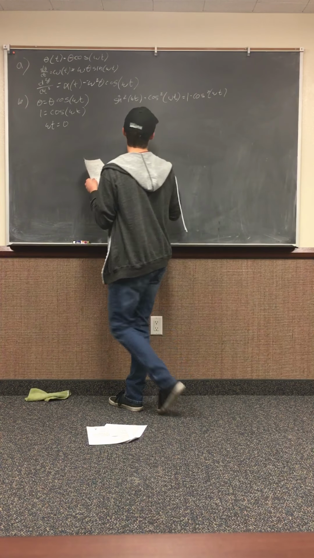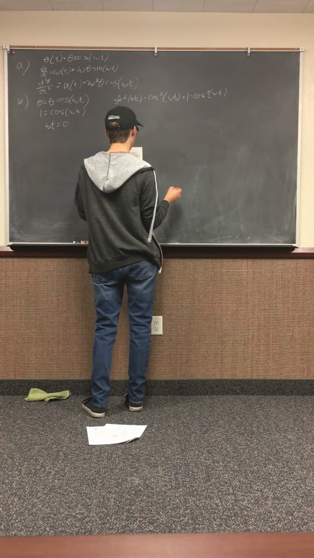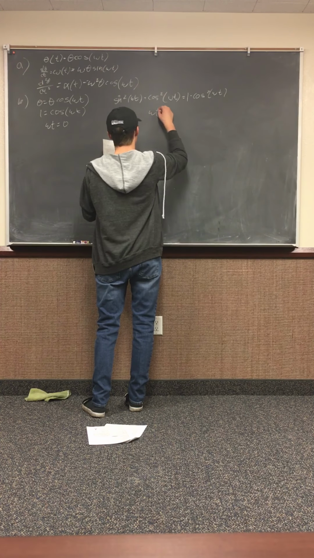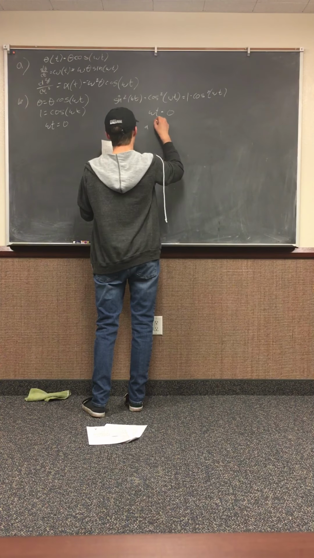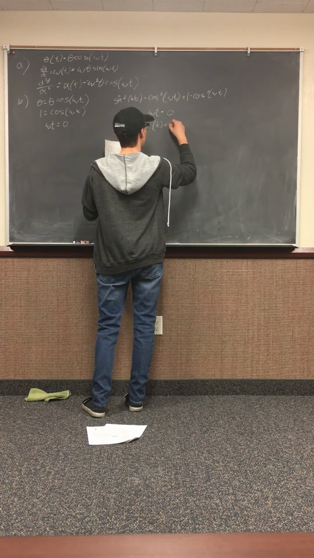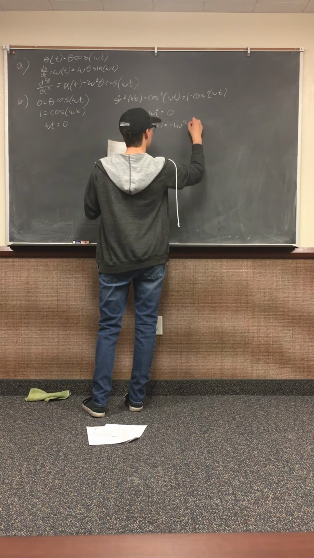So then sine squared of wt equals 0. So wt equals 0 and a of t equals negative w squared theta.